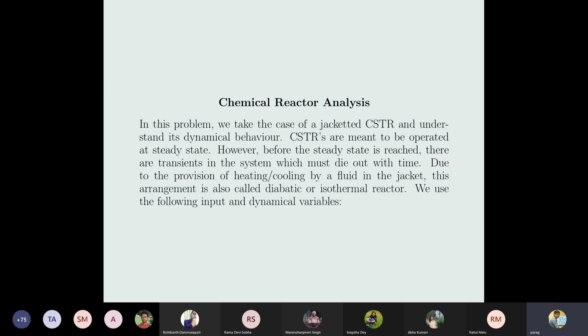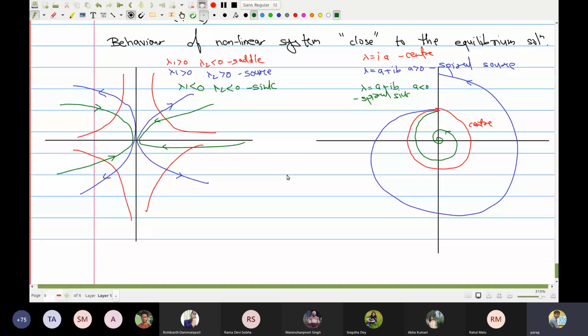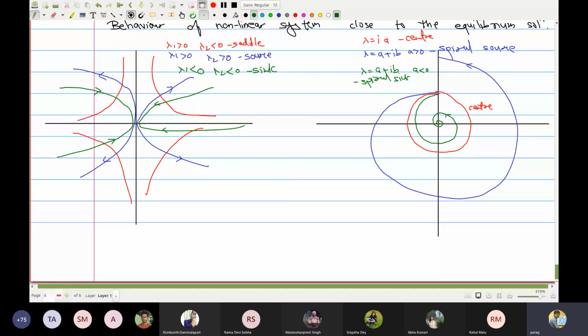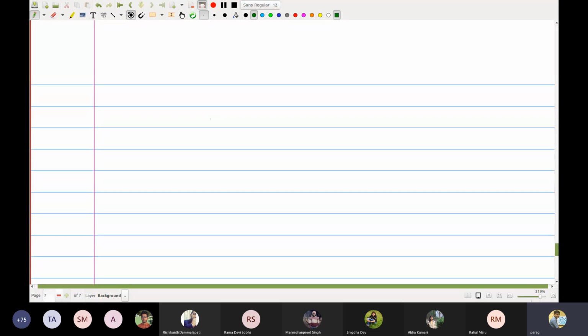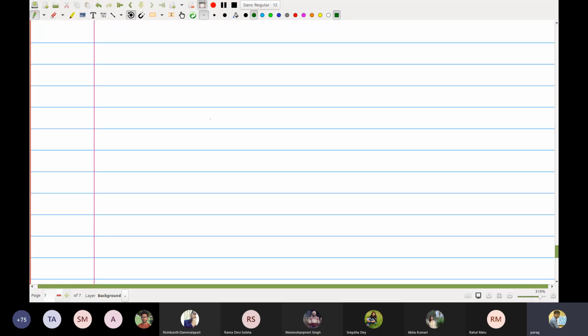Let me draw the system for you. I'm sure the chemical engineering students are well aware of this whole setup. For instrumentation students, let me draw it.